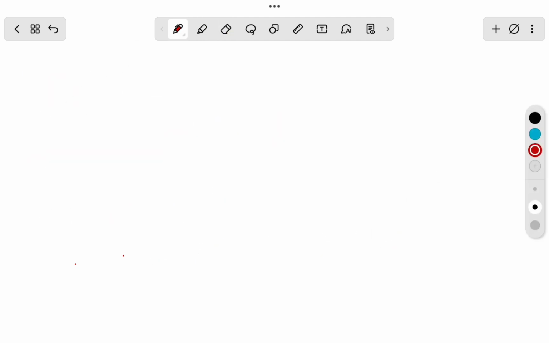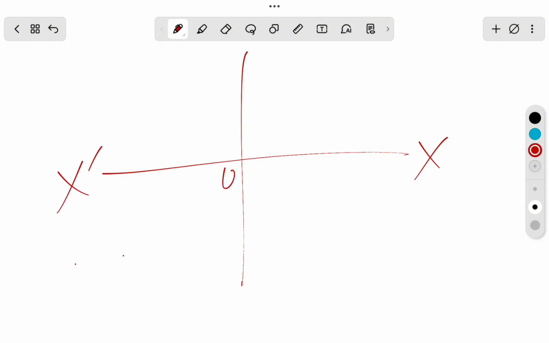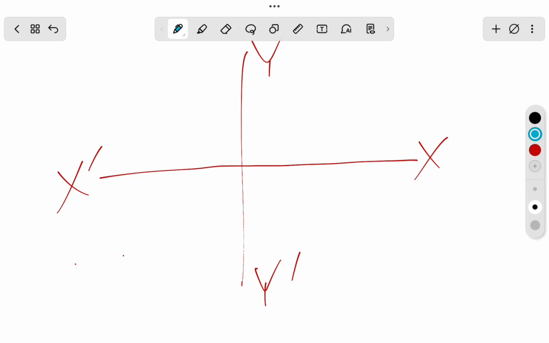We can also solve a quadratic equation by using the graph method. At first we need to draw a graph of this equation. So this is the x-axis, x or x prime, and this is the y-axis, y or y prime. If we draw the graph of the previous equation, the graph of the quadratic equation x square plus 2x plus 1 will be like that.